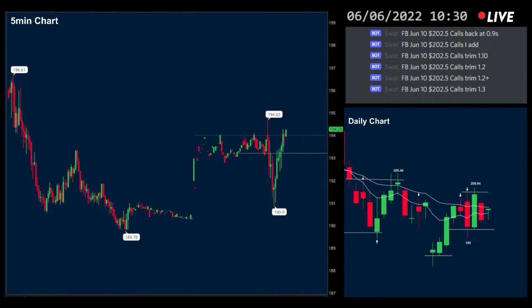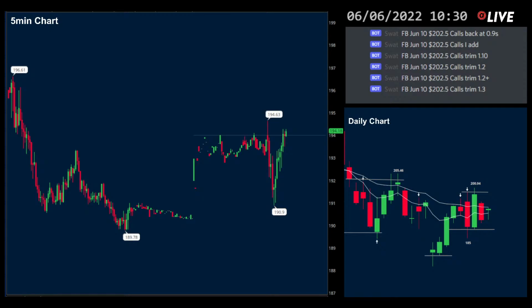And Facebook going some more. Let's try to have some patience here on Facebook. Some V bottoms intraday.